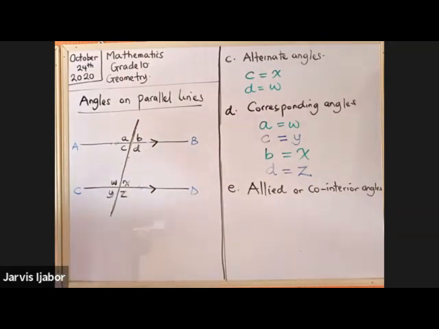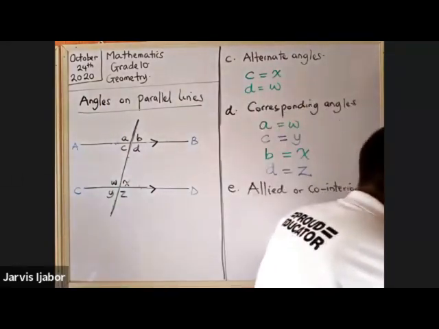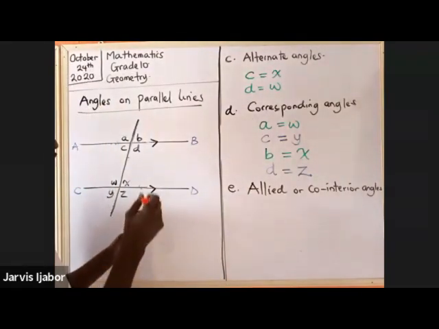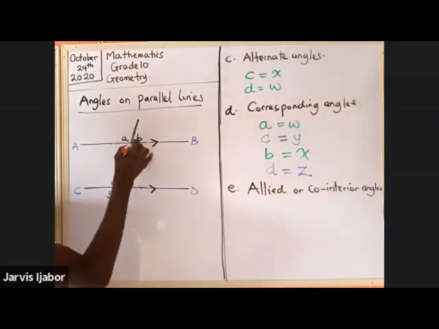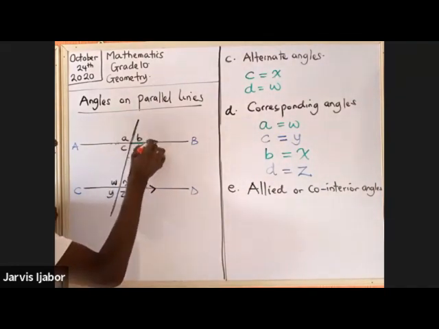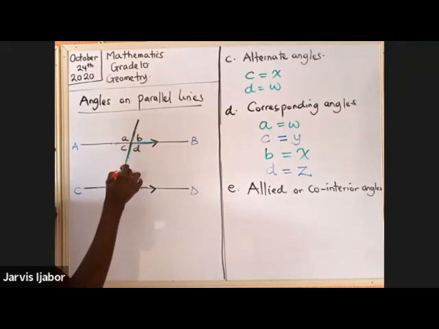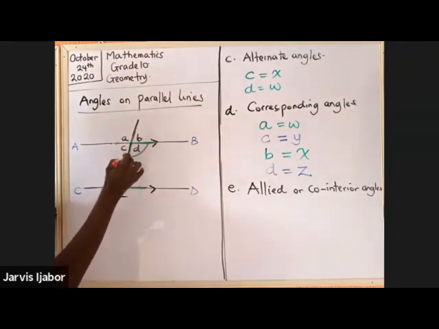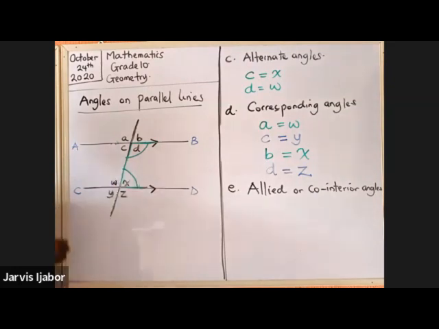Okay, so see how the allied and co-interior angles work. Please watch. Look at this. These two angles here are said to be allied or co-interior.